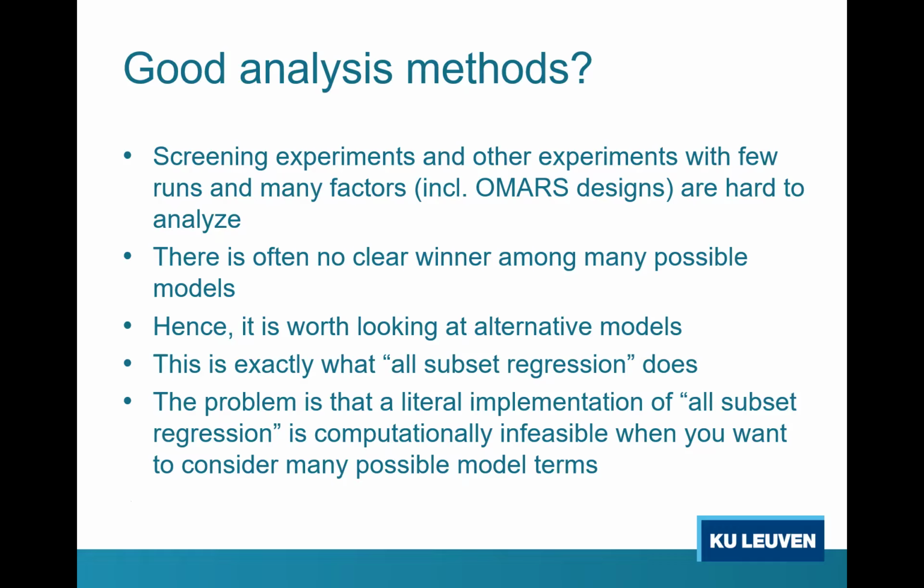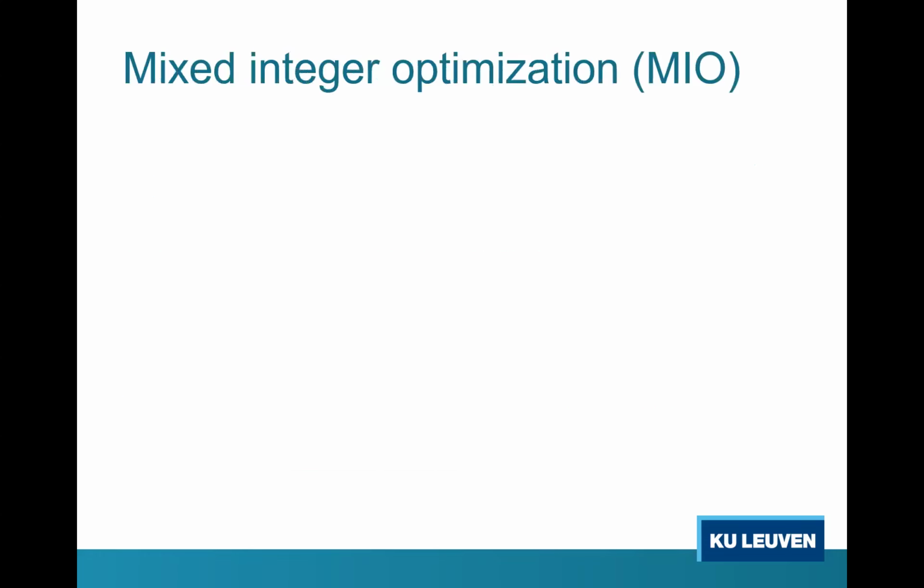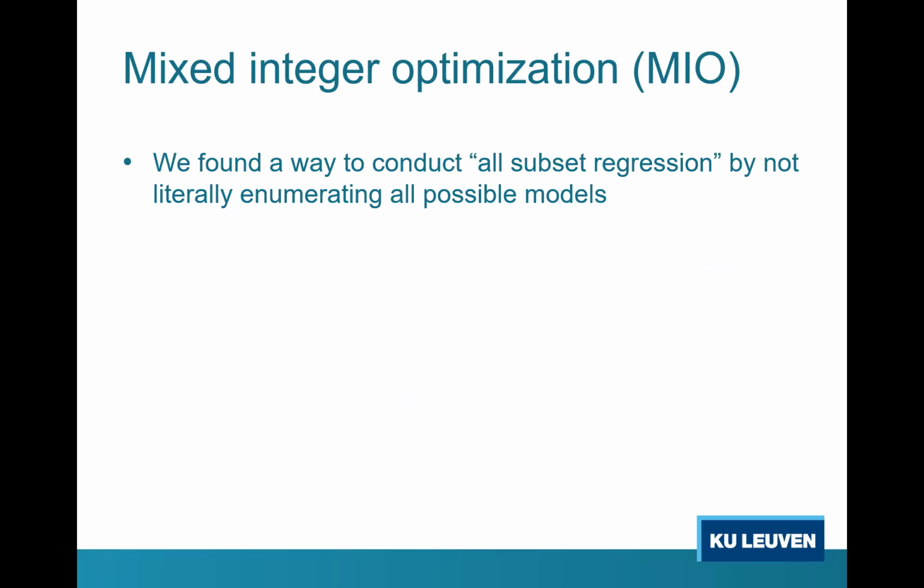And that's where Alan and his supervisors called operations research to the rescue. It turns out that if you use mixed integer optimization, you can actually carry out an all subset regression without literally enumerating all possible models.